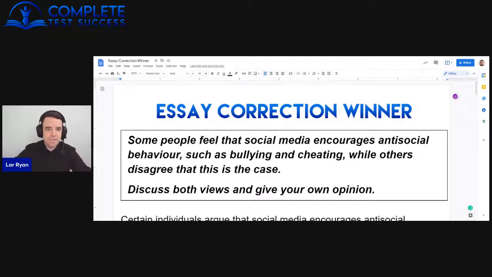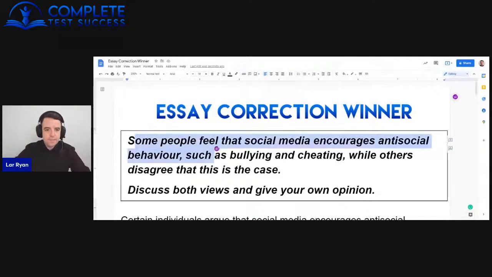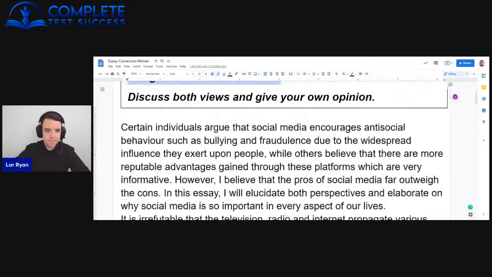So this was the question. Some people believe that social media encourages antisocial behavior, such as bullying and cheating, while others disagree that this is the case. Okay, so what I want from Amila is this paraphrased at the beginning of the question.